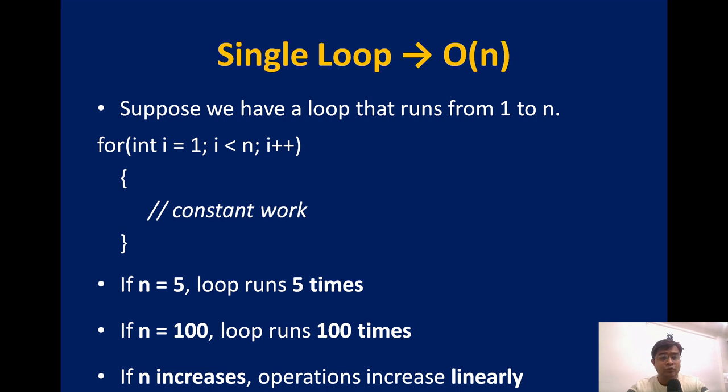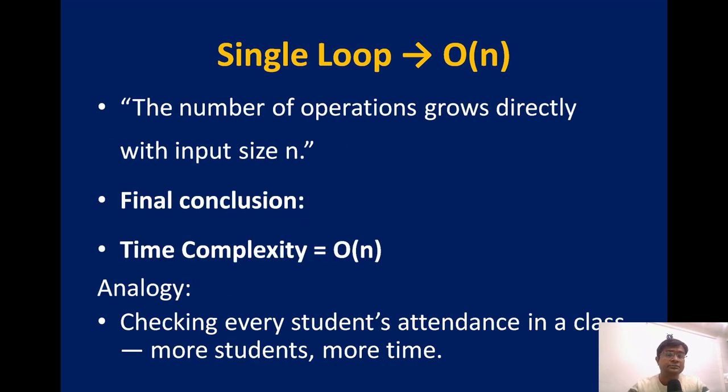If n equals 100, the loop runs 100 times. If n increases, the operations increase linearly. The number of operations grows directly with the input size.